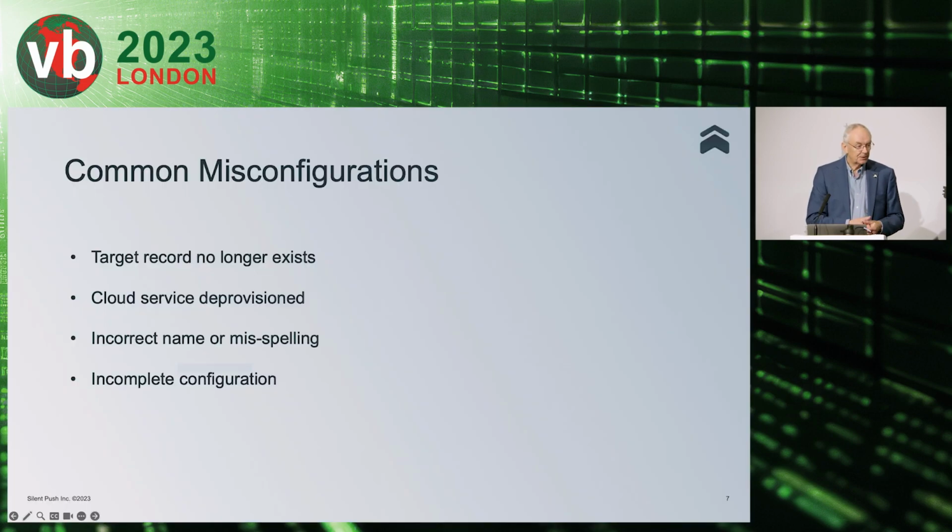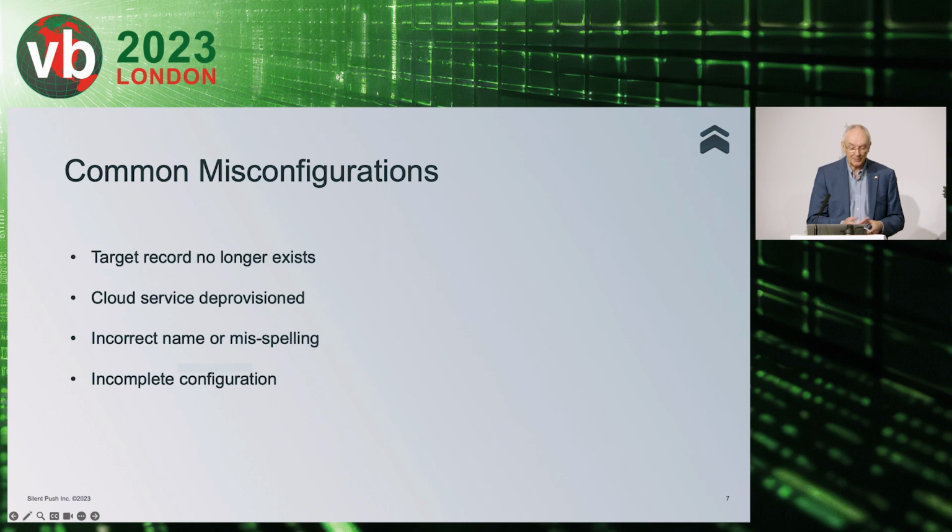So how do these things become dangling? Typically, there's a lot of common misconfigurations. In cloud services, it's very common that some automated provisioning is used, and sometimes that fails, and there's no rollback step, right? So it sets up part of the configuration, and then it fails, and then it doesn't remove things that are no longer valid.